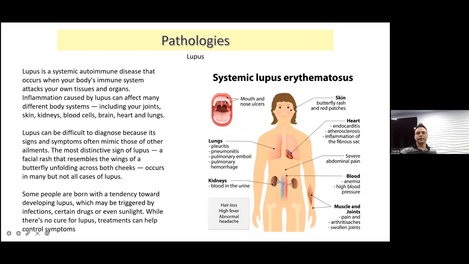So our next pathology here is lupus, which I'm pretty sure everybody has already heard of. Lupus is what we call an autoimmune disorder. Autoimmune means that your immune system is attacking your body, right?